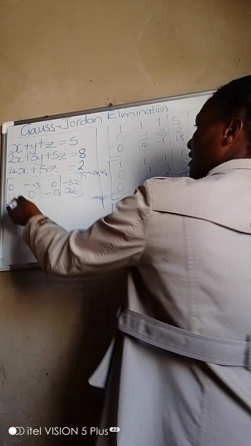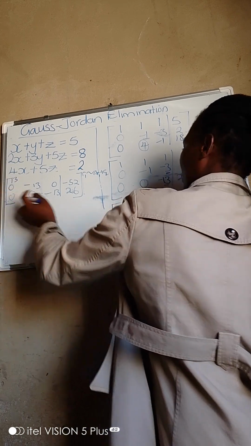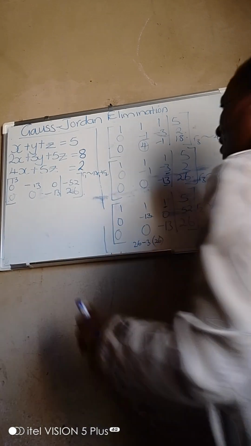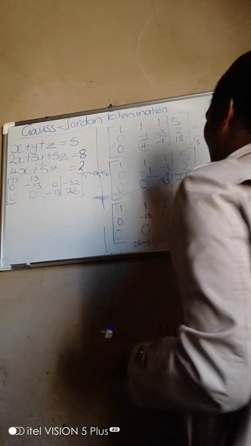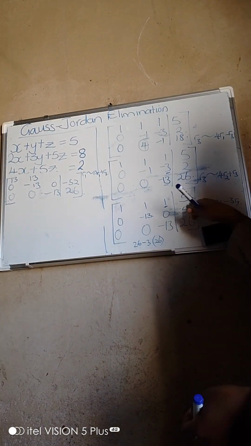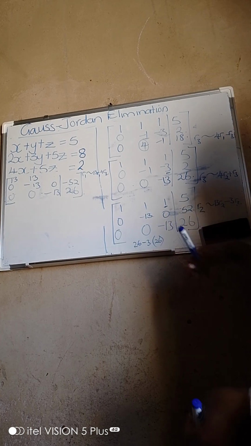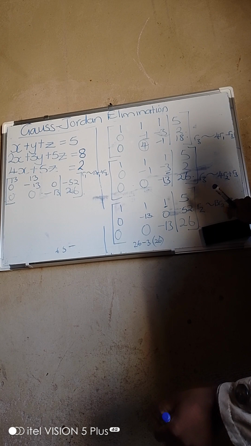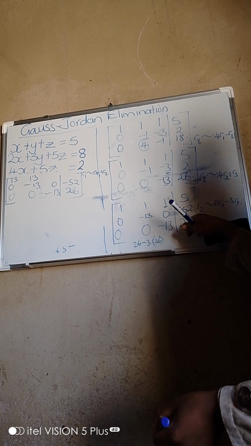13 by 1 is 13 minus 0 becomes 13. 13 by 1, 13 minus 0, 13. 13 by 5, 65. 65 minus 3 by 26.